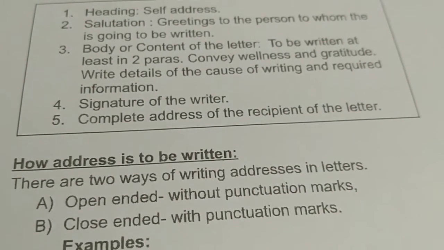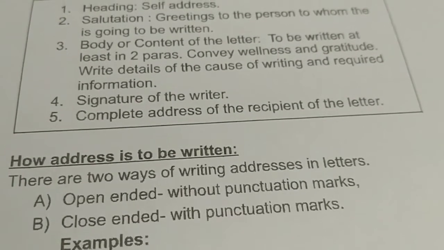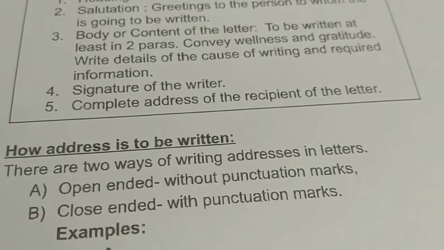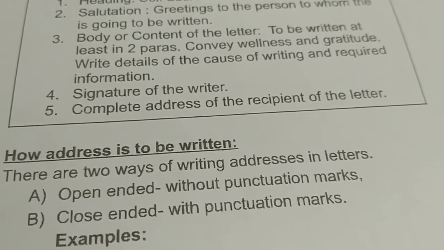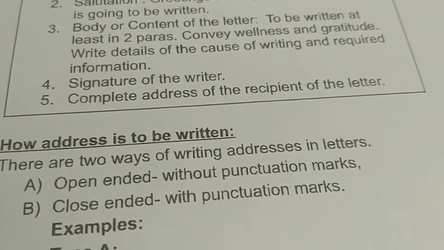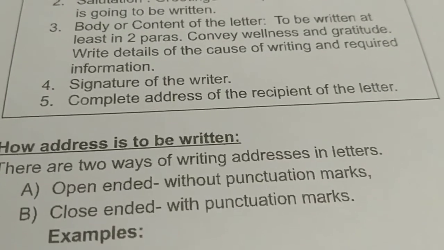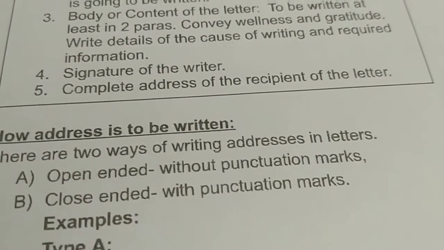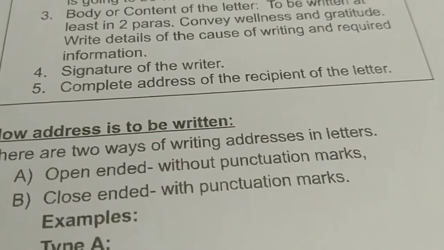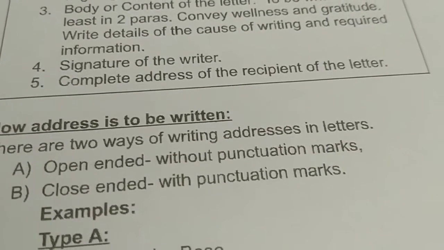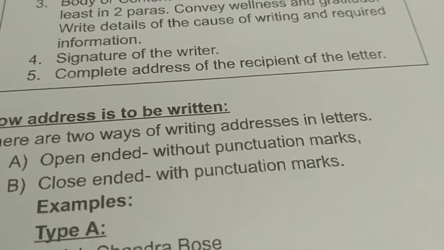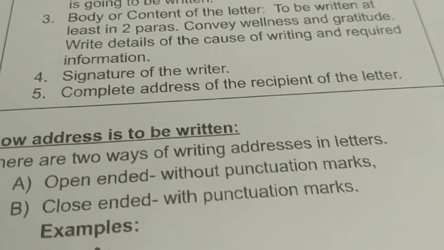After completing the body, the fourth part of the letter, that is the signature of the writer, will come. Here also some words, some greetings are used according to the relation of the sender and receiver.